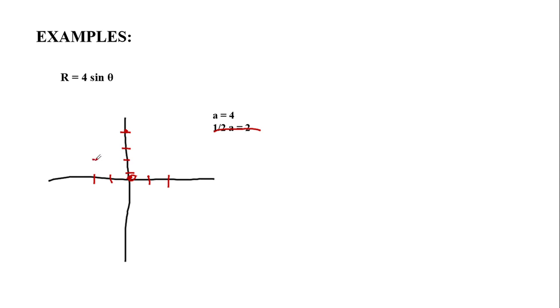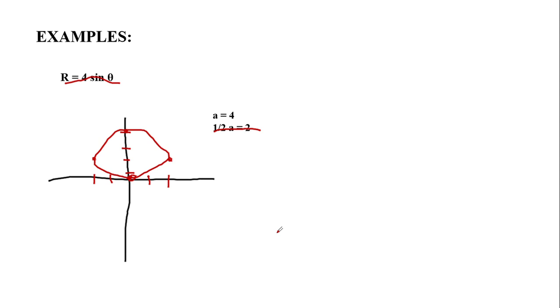So here it is, the point, and then here. After that, we can connect them. And this is going to be the graph of r is equal to 4 sine theta. So pardon me about the lines.